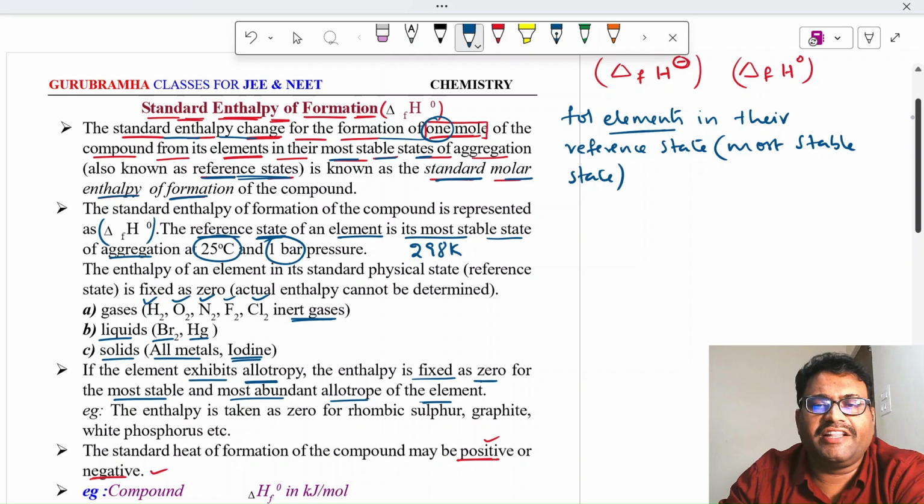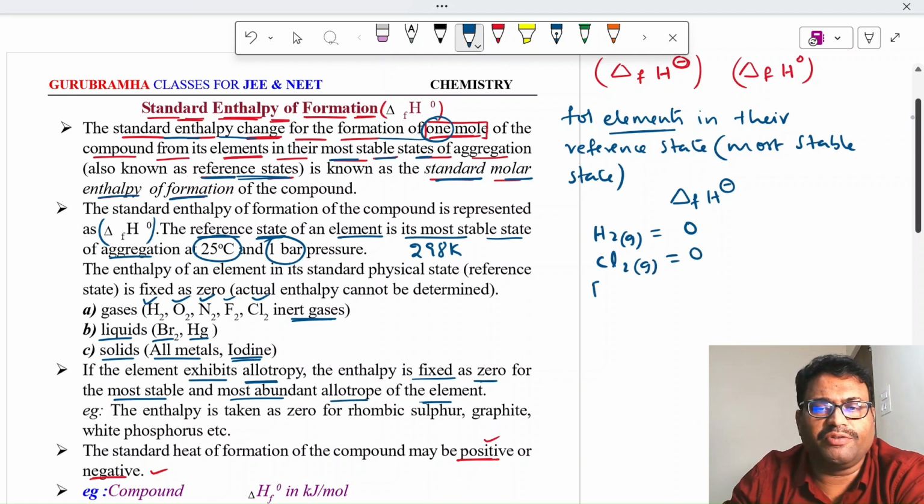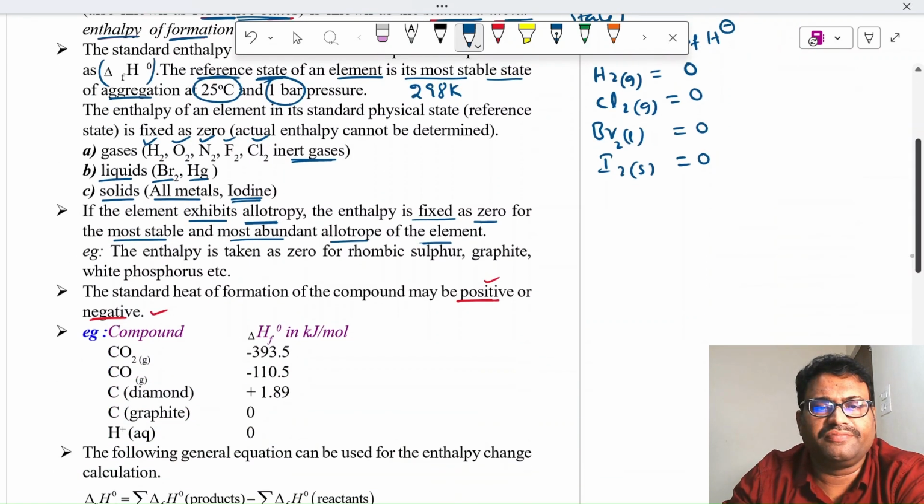Their standard enthalpy of formation is taken as 0. For example, hydrogen gas, standard enthalpy of formation is equal to 0. Chlorine gas, standard enthalpy of formation is equal to 0. Bromine liquid, standard enthalpy of formation is equal to 0. Like iodine solid, standard enthalpy of formation is equal to 0.